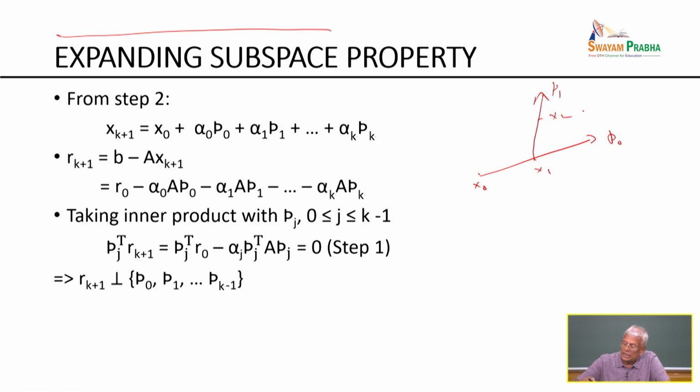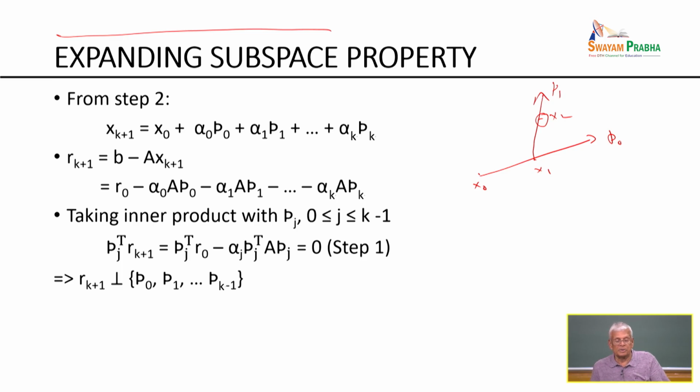Please understand, x 1 is the minimum only along the direction p naught, x 2 is the minimum along the direction p 1 at the point x 1, but it turns out x 2 is also the minimum of the function in the 2 dimensional subspace spanned by p naught and p 1. That is what is called the expanding subspace property.